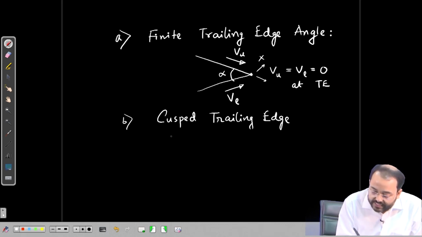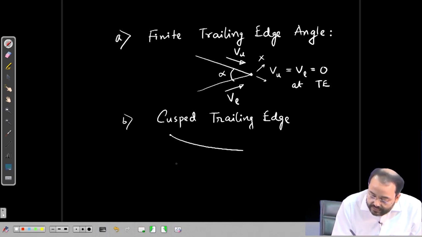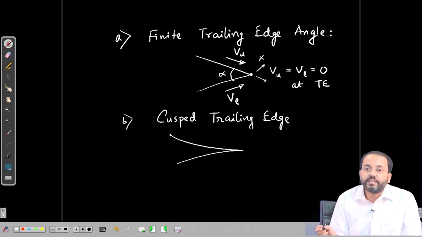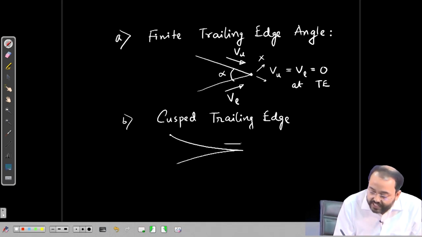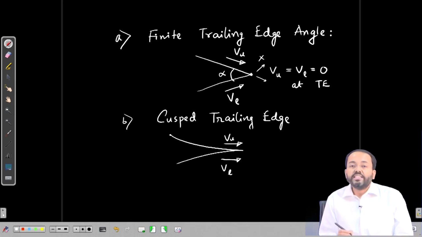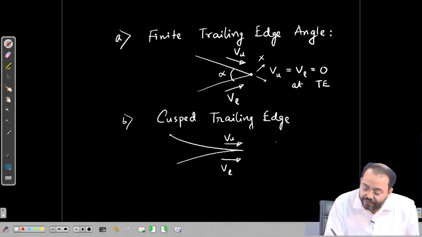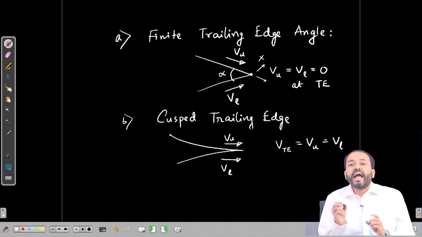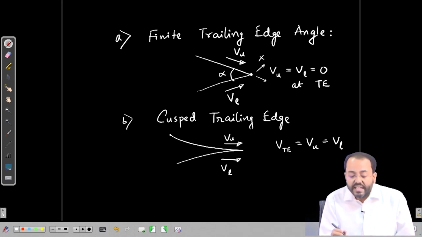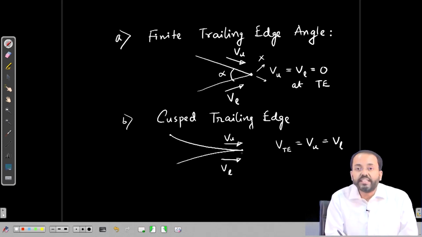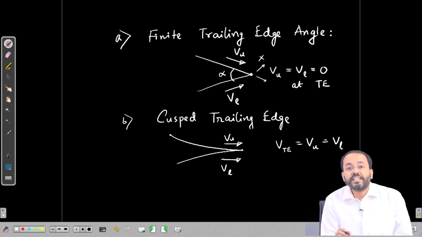Okay. And another condition, depending on the design, we can have a cusped trailing edge. Let us say that the trailing edge is cusped. So, in this way we can have a velocity Vu and Vl over the upper and lower surface. So, in this condition there can be a finite velocity at the trailing edge. So, V trailing edge equal to Vu equal to Vl, because at the trailing edge we can have a velocity here, but that velocity should be equal.